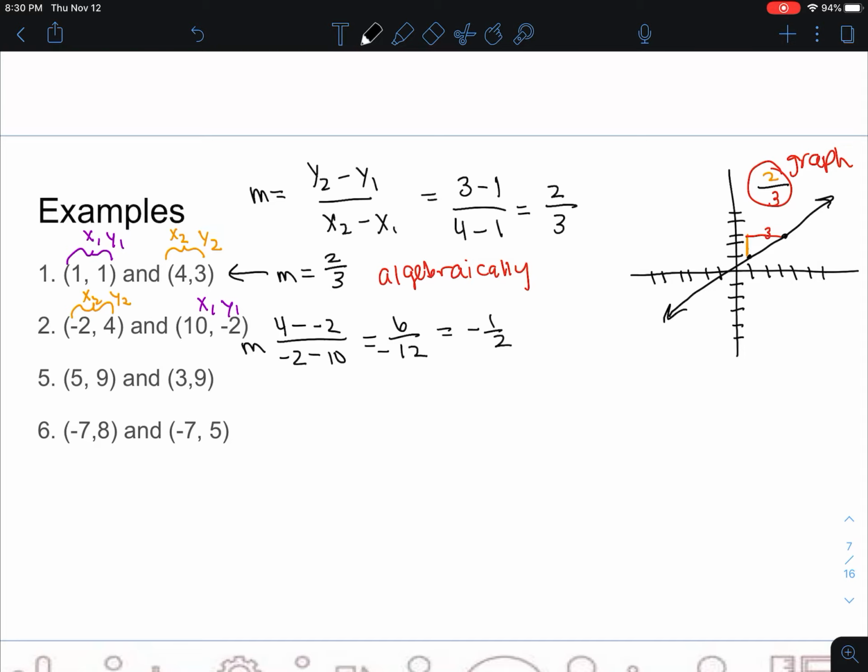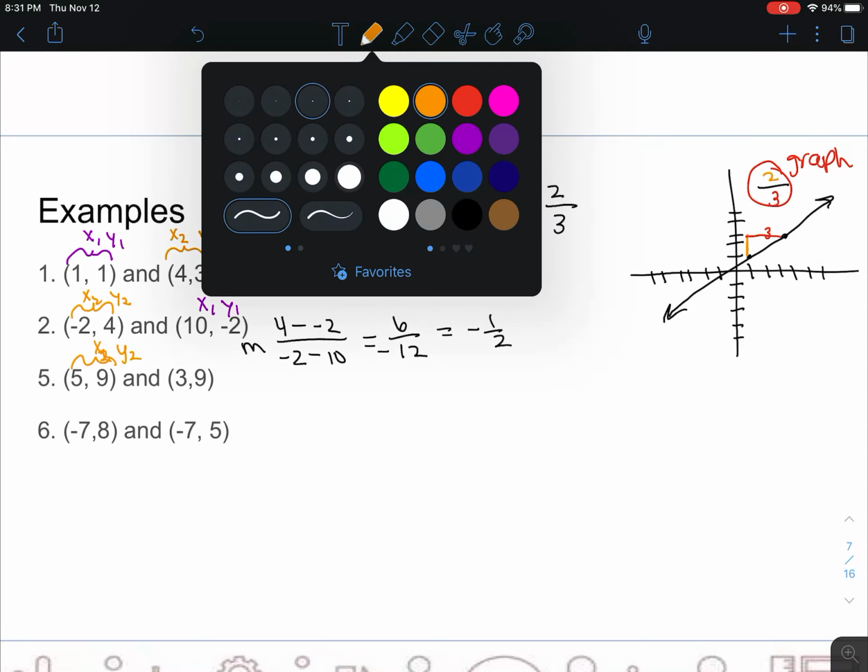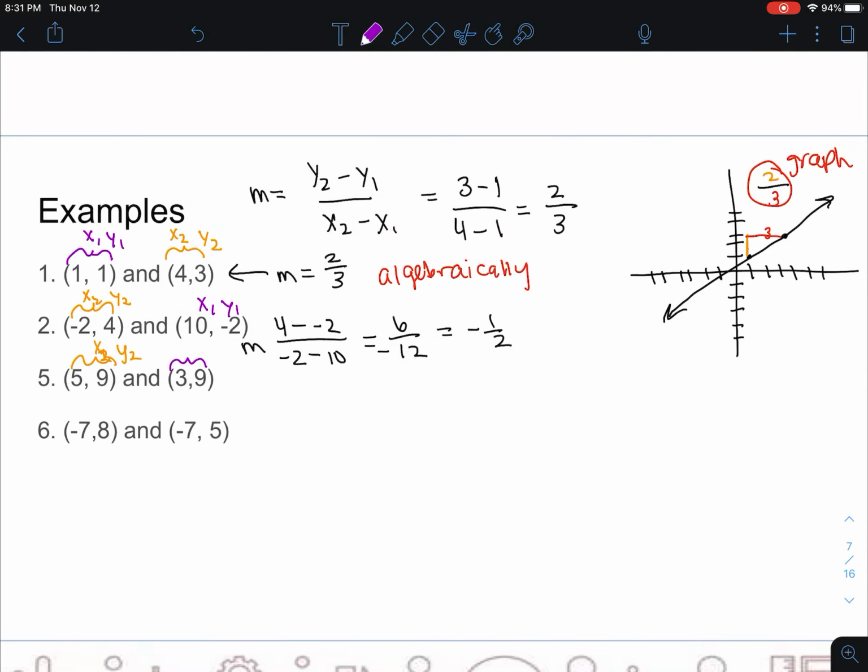So for 5, I'm going to make the first one my x2 and my y2, and my ordered pair (3, 9) will be x1 and my y1.